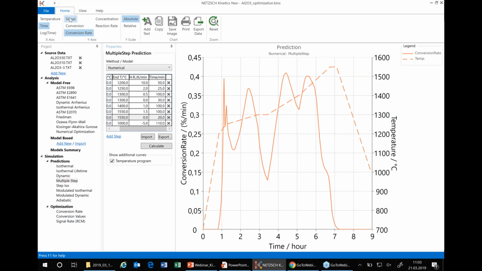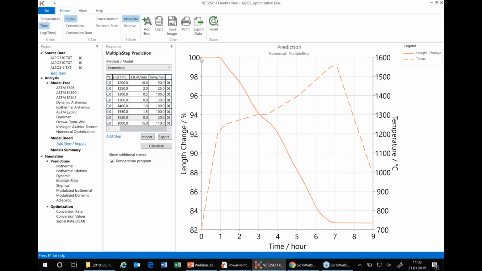Now we have a signal. The signal goes from 100% to 83%. Here is the length change. We have reduced the total length from 25 hours to 9 hours, and we have improved the quality of the material. Again, to our presentation.